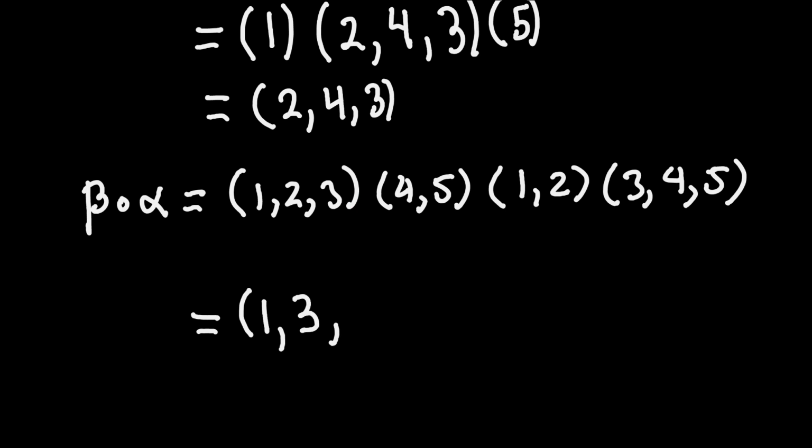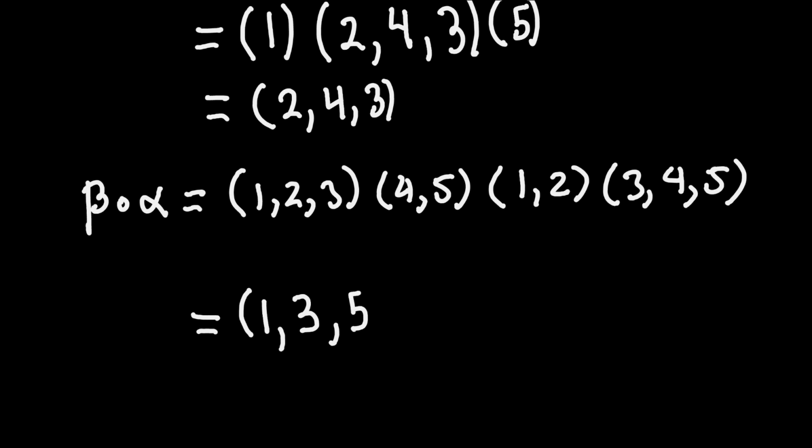Now I need to know where this 3 is being mapped. So I start here again, 3. This one here, 3, is mapped into 4. 4 is being fixed here. 4 goes into 5 here, so we add up to 5, and 5 is being fixed, so that's going to give me 5.